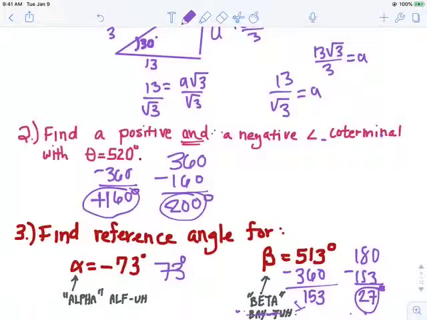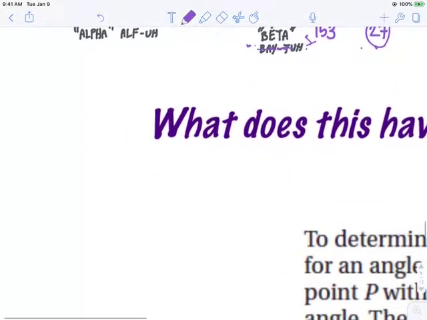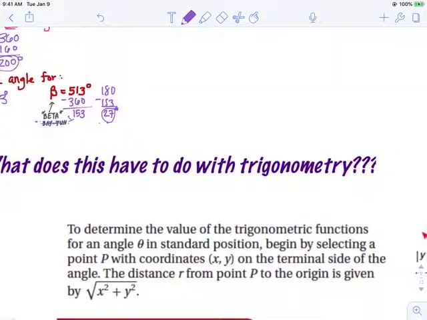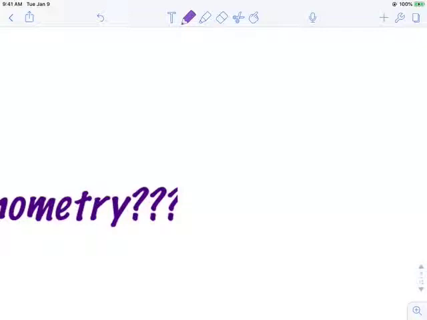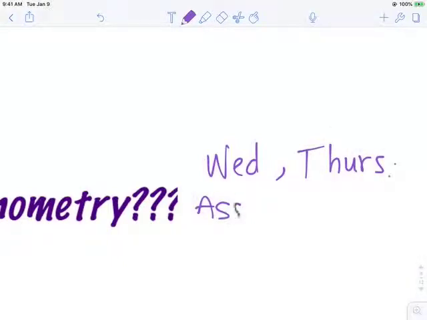So, today will be pretty quick because we only have one more skill to cover in 13.2. The one thing I would tell you is that next Wednesday or Thursday, depending how we do tomorrow, Monday, and Tuesday, we'll have an assessment.